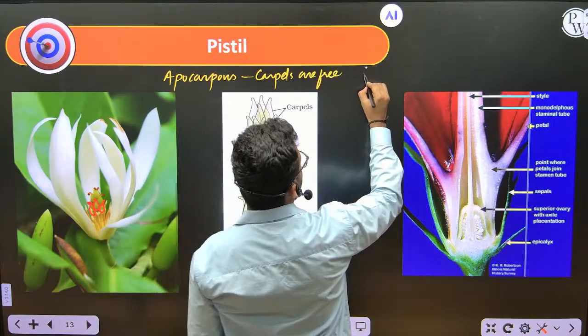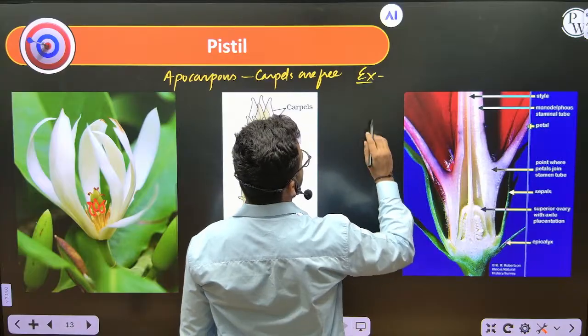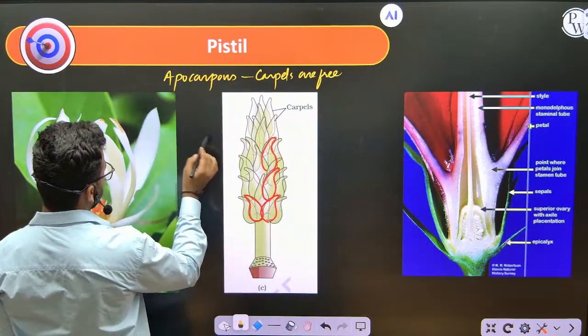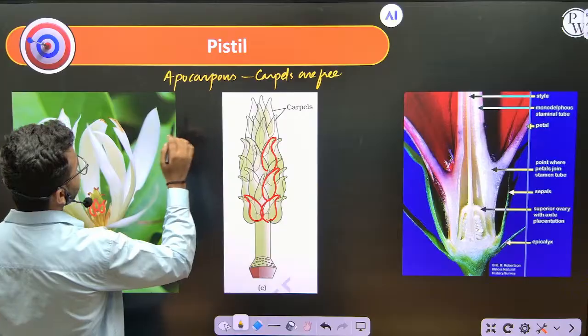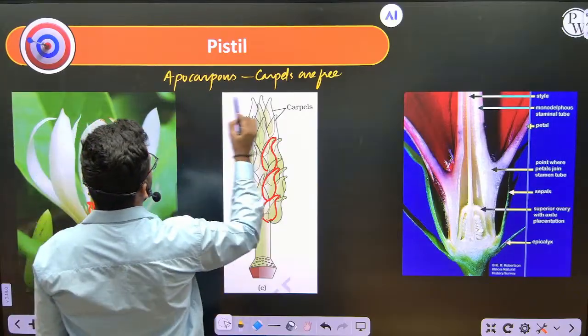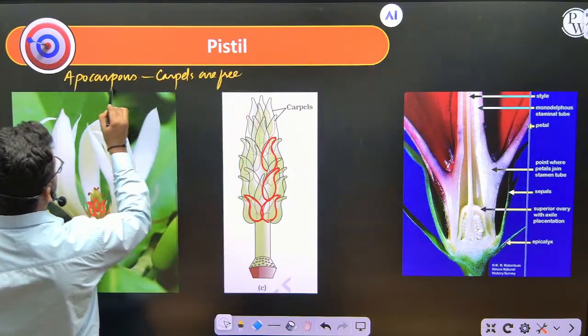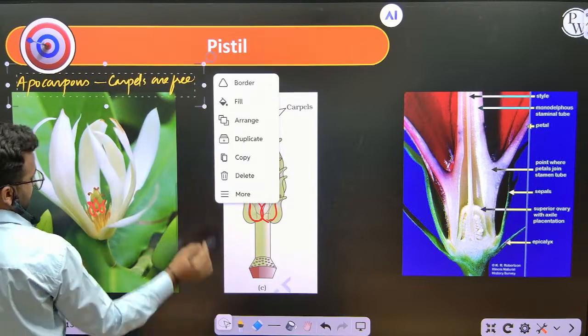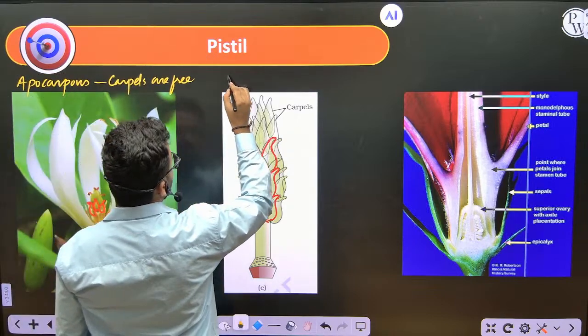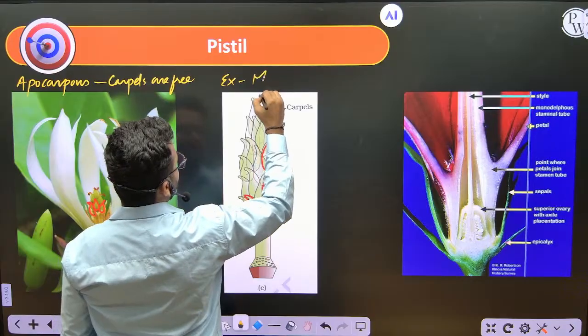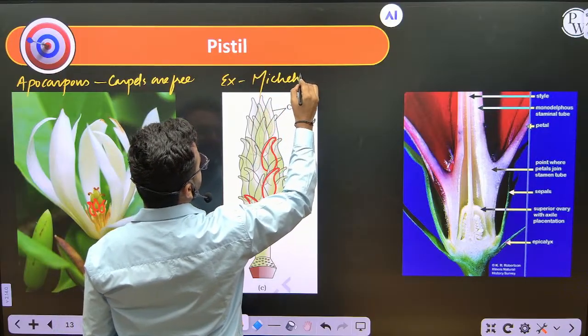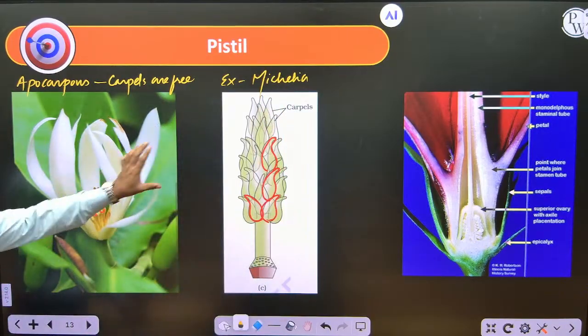And example for this is Michelia. This is Michelia here. Michelia is the plant name.